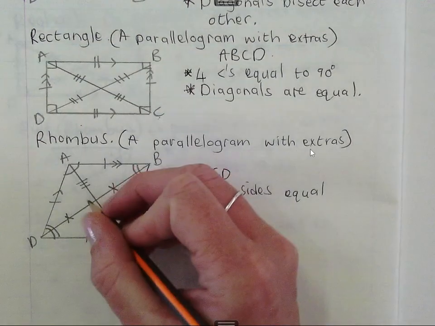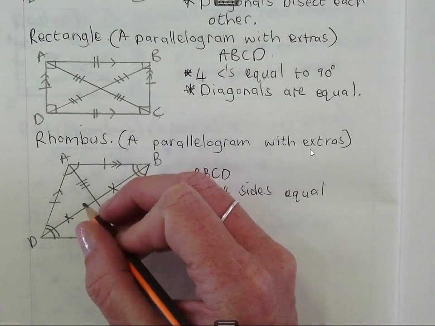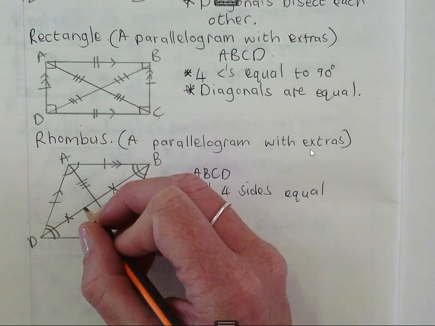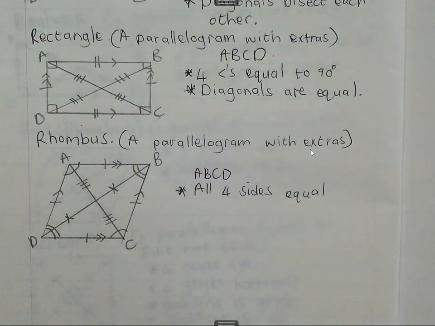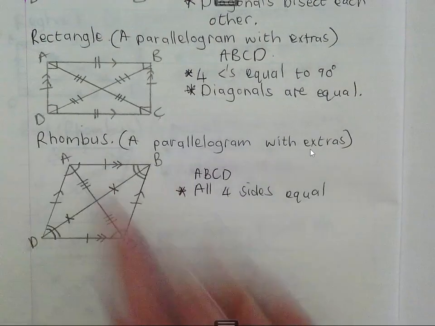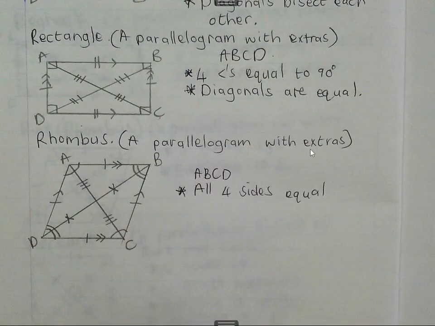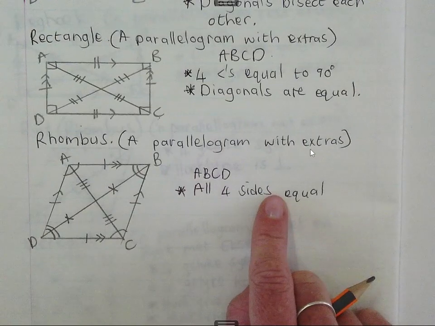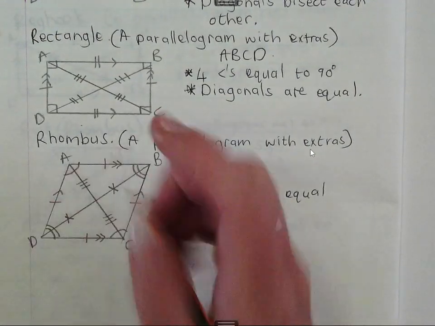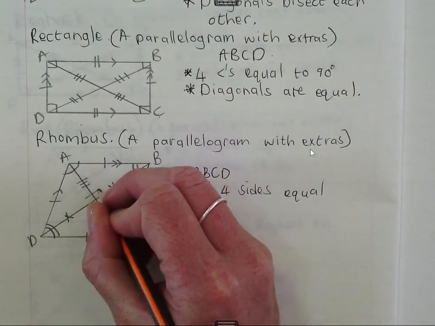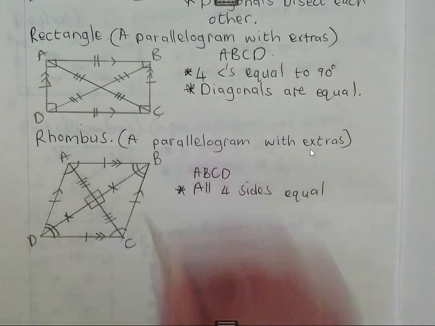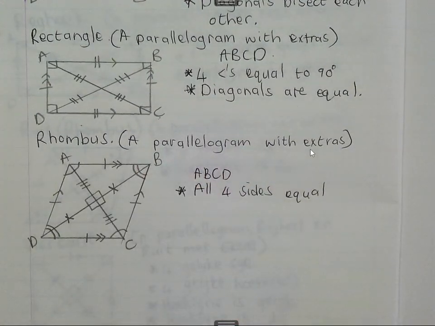But what are you saying is equal? Now we have that, we're busy with the diagonals now. We already said all four sides are equal. We're busy with the diagonals. So I'm saying they are perpendicular.